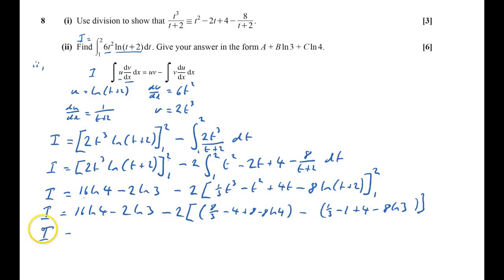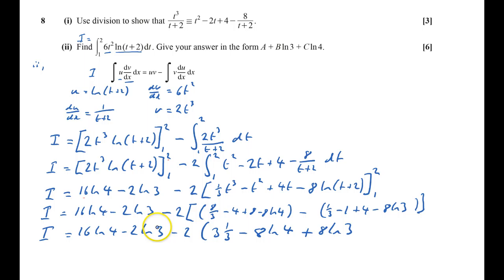I'm now going to work out what the brackets are inside, because I know that I'm likely to mess up. So I'm going to see the numbers, and the numbers will give me 3 and a third. And I've got minus 8 ln 4, and I've got plus 8 ln 3. And now I want to see how many ln 4s. Well, the numbers, I've got minus 2 lots of 3 and a third, so I've got minus 6 and 2/3.